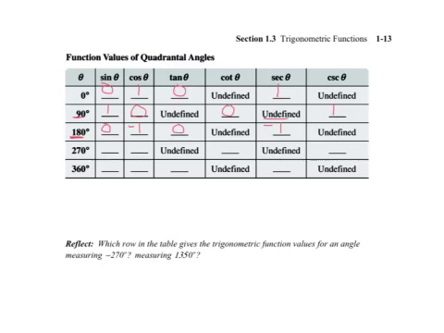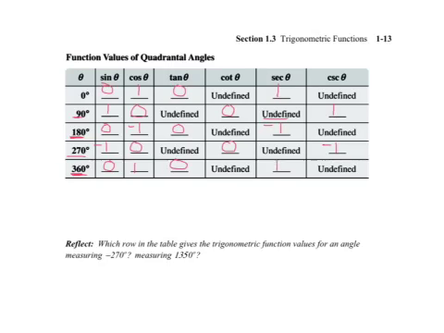Sine of 270 degrees is negative 1, cosine is 0, tangent is undefined, cotangent is 0, secant is undefined, and cosecant is negative 1. If we go down to 360 degrees, sine of 360 is 0, cosine is 1, tangent is 0, cotangent is undefined, secant is 1, and then cosecant is undefined.